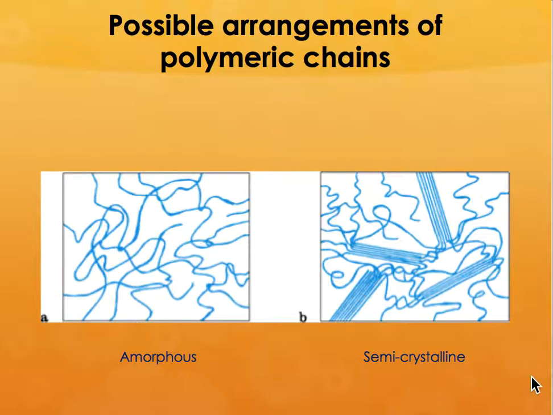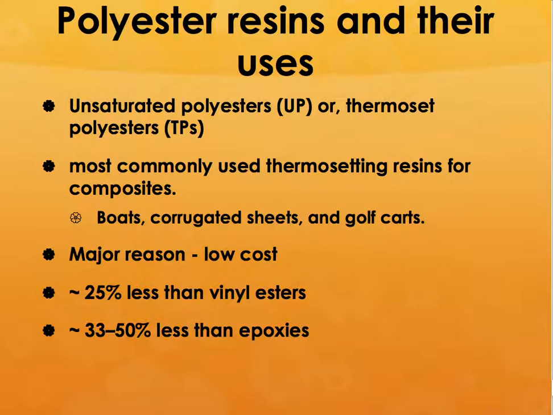Okay, so the first case is called amorphous, the second phase is called semicrystalline. So many of these types of resins and the matrices that they result in can be described in terms of the type of bonds that they will result in.